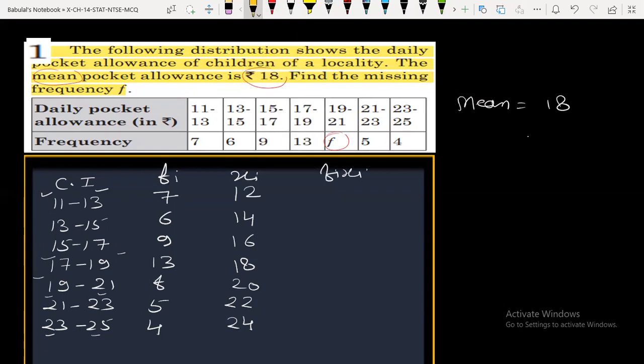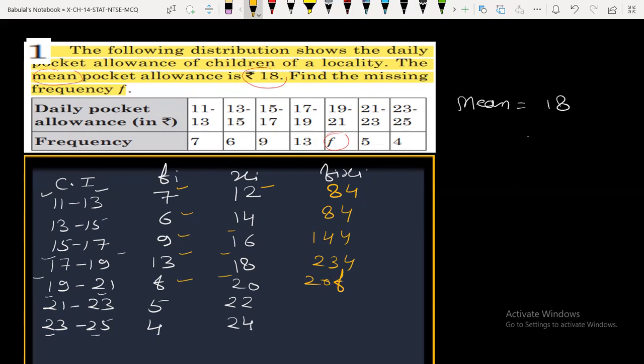We multiply fi by xi, so 7 into 12 is 84. 6 into 14 is also 84. 9 into 16 is 144. 13 into 18 is 234. f into 20 is 20f. f यहाँ पे एक वेरिएबल है तो 20f आएगा.